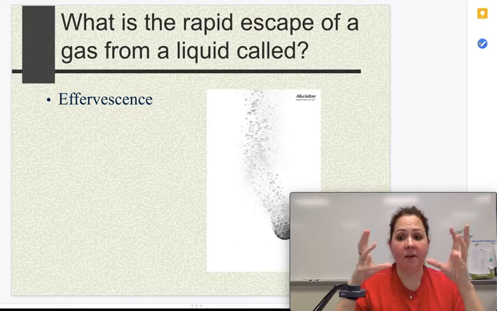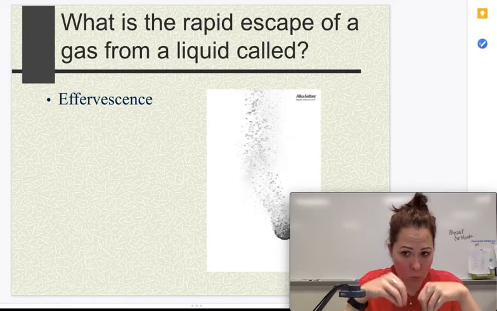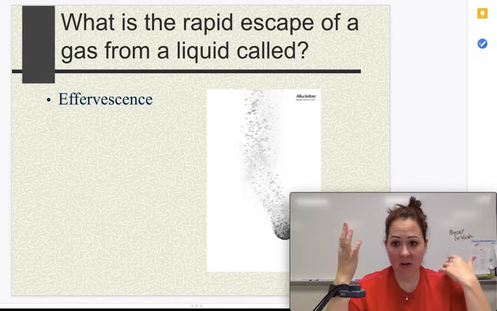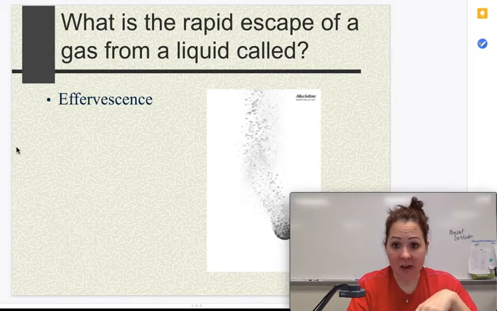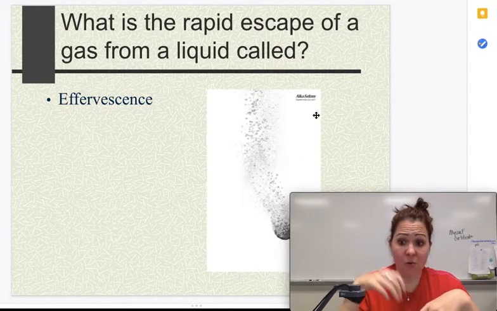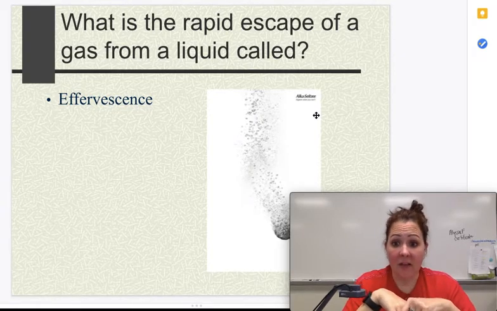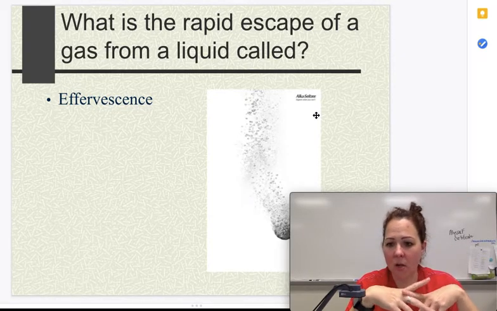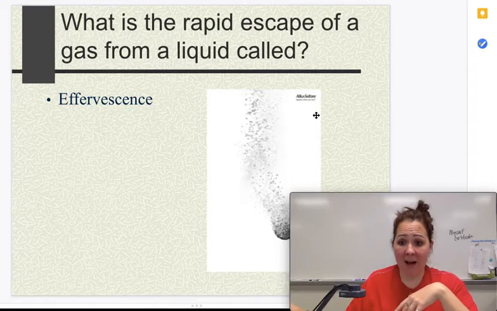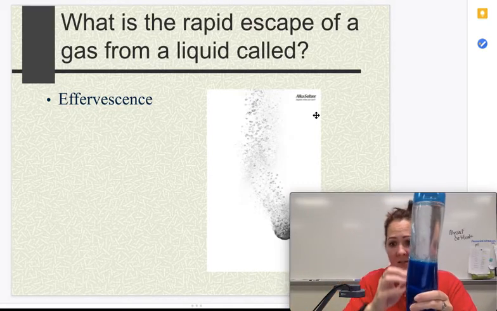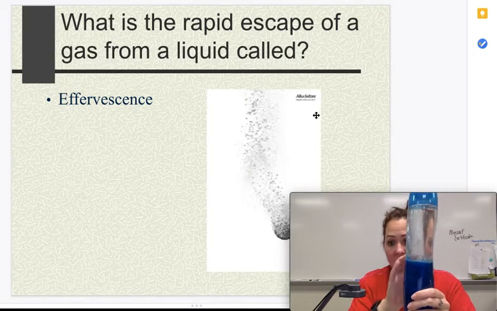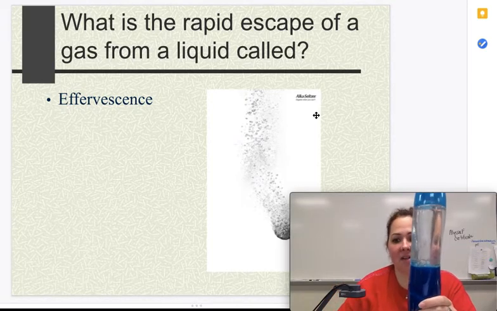And the last thing that we're going to talk about is effervescence. When you have gas particles that are rapidly escaping from a liquid, that is called effervescence. If you think about, this is Alka-Seltzer. Alka-Seltzer effervesces in a liquid, makes bubbles. Soda. When it's in the bottle, the gas is all dissolved throughout the soda itself, and then there's a little layer of the gas at the top.